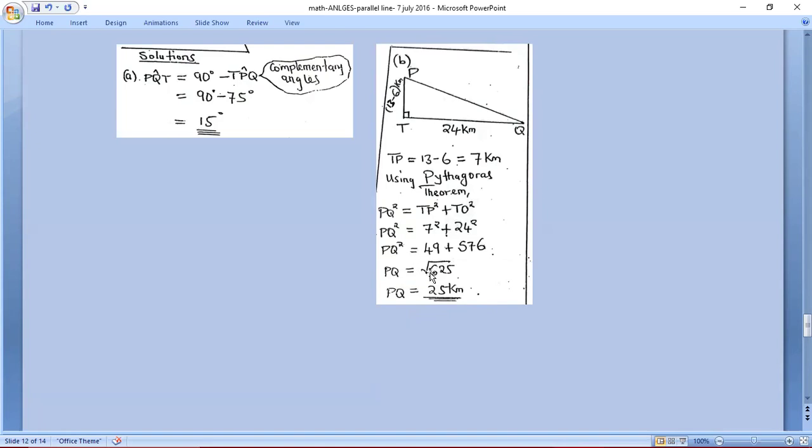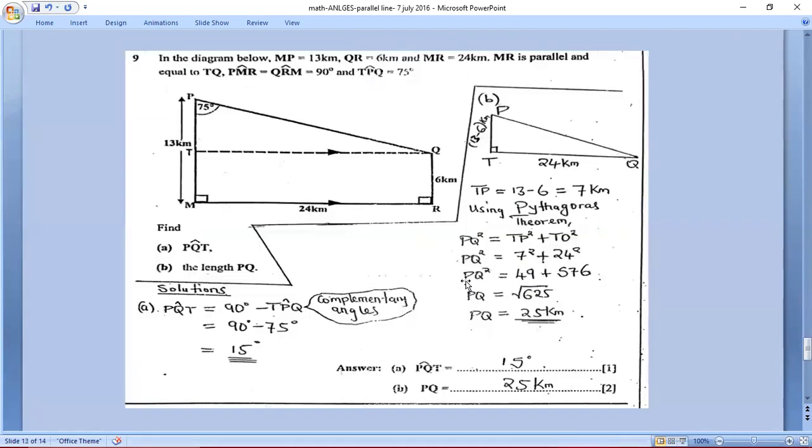You normally do that when calculating for a quadratic equation. But since we're dealing with distance, most real life situations want a positive answer. So we only pick the positive root, which is positive 25 kilometers. That is your PQ. Okay, and you present your answers like that. Then you get the full marks, which is 3 marks for this question.